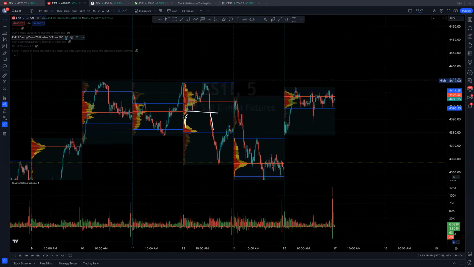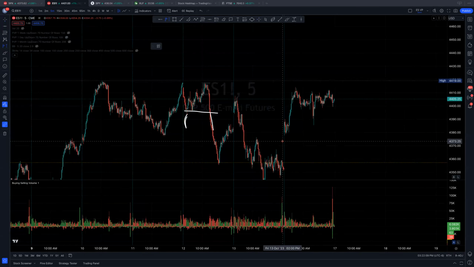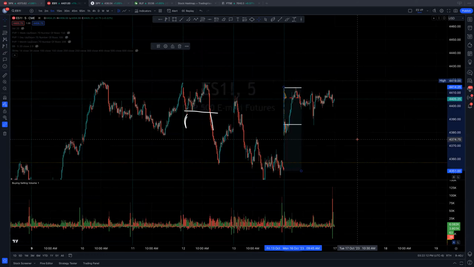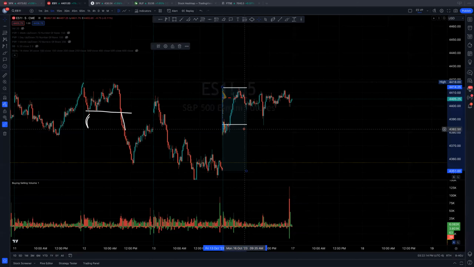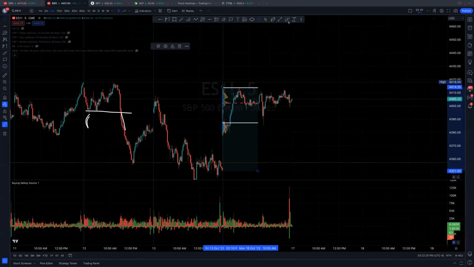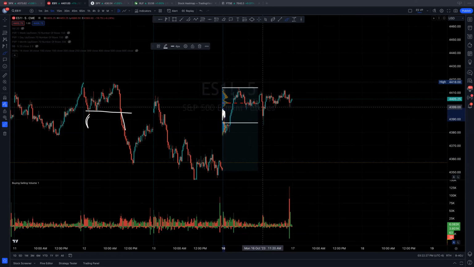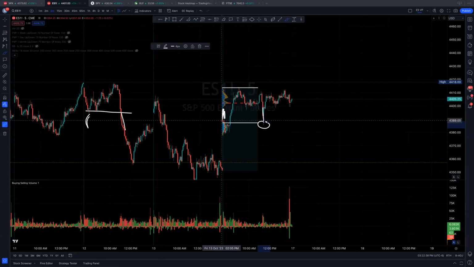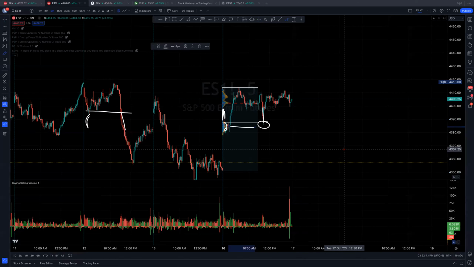Let me hide this. So you can see how this whole area was a low volume node, this whole white area, and price just knifed through it. And it didn't make a reaction in price action or a bounce until we touched the high volume node right here. Do you see that?